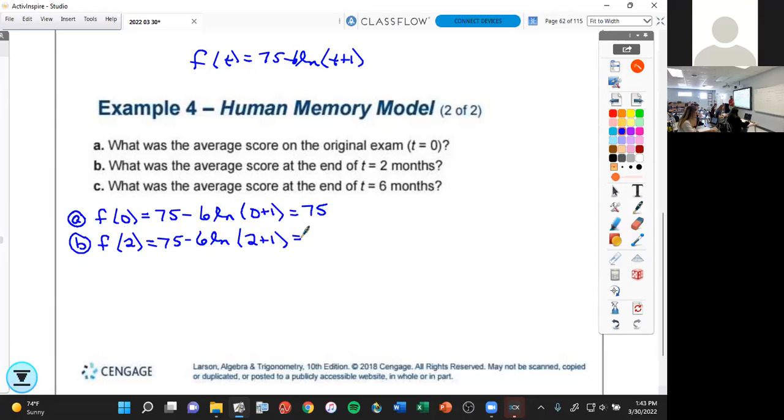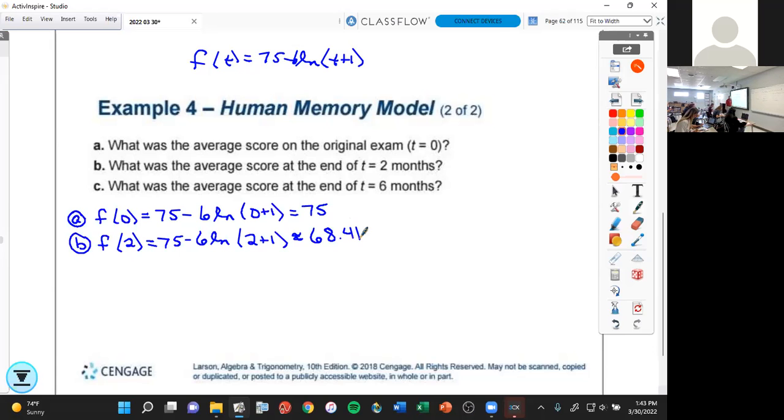So this is basically 75 minus 6 natural log of 3, right? 68.4. It's the LN button. It was approximately 68.